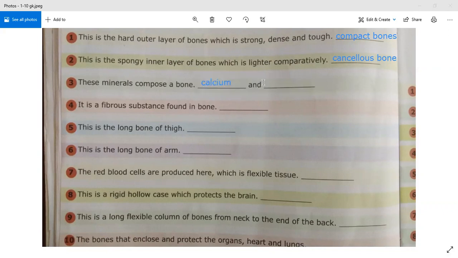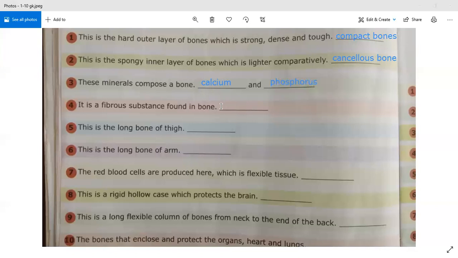Yes, it is phosphorus, P-H-O-S-P-H-O-R-U-S. Write down the spellings very carefully. These are the names of two minerals found in bones. It means our bones are made up of these two kinds of minerals, calcium and phosphorus.